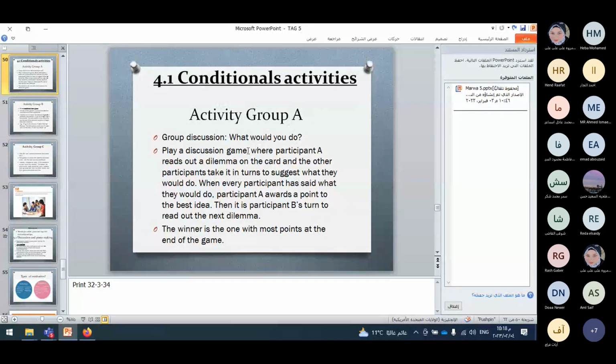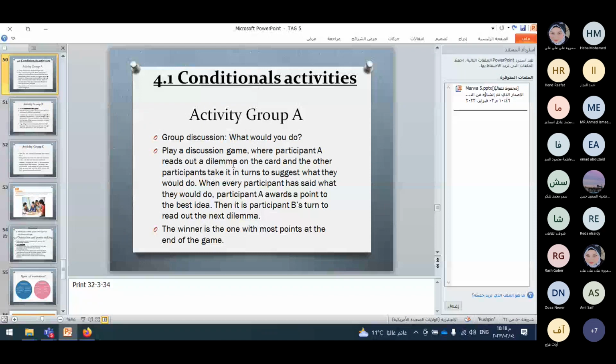So you play a discussion game where participant A reads out a dilemma. A dilemma means a problem. We have a problem here. The problem is written on the card that participant A has, and he shows the dilemma to other participants who try to think of an answer to the problem.